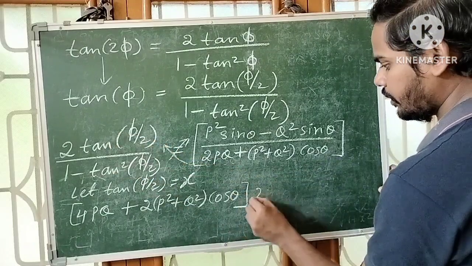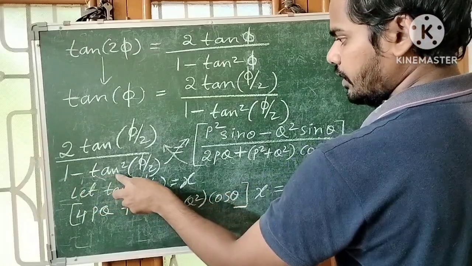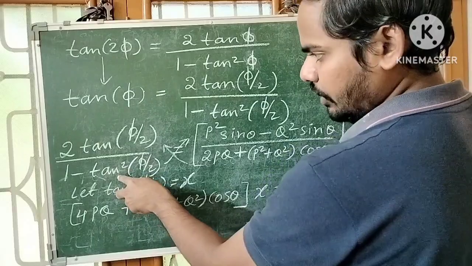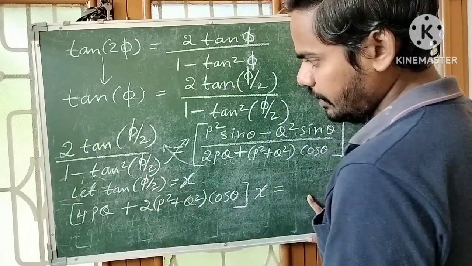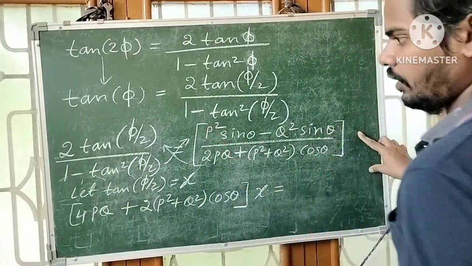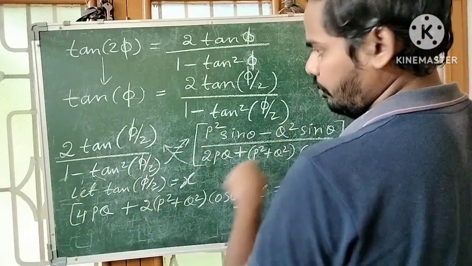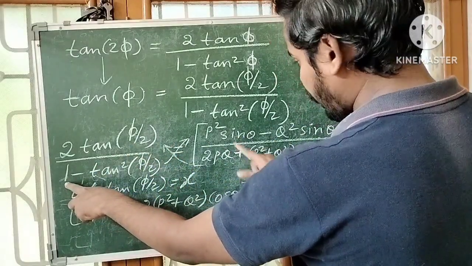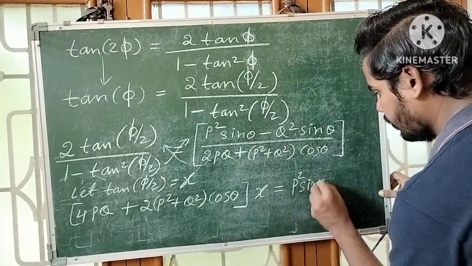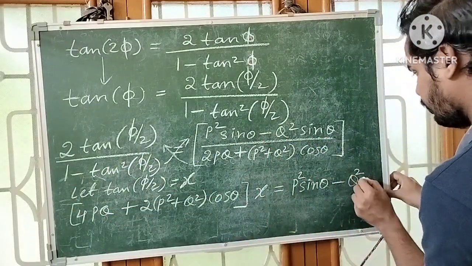Again cross multiplication: 1 minus x square, since tan square phi by 2 means x square. So 1 minus x square into this expression. Now apply the distributive property. First distribute 1: 1 into p square sin theta, minus 1 into q square sin theta.